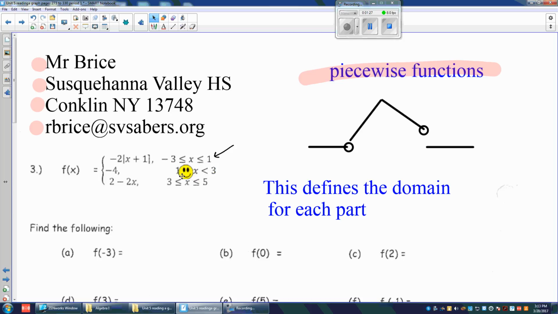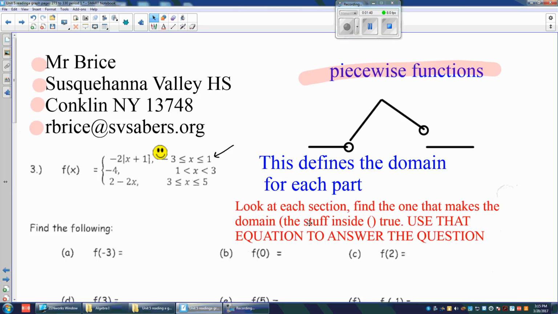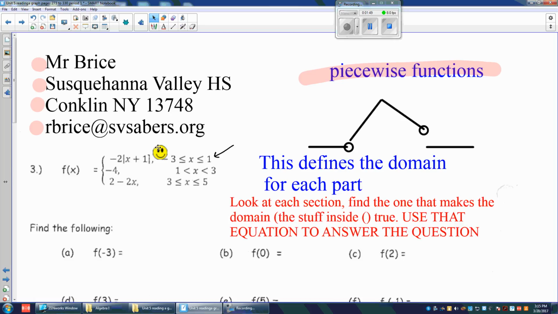Well, it isn't, but that has an equal to there. Is -3 less than or equal to -3? Yes. So I have to grab this equation. So we just looked at each section to find the domain that makes the stuff inside the parentheses true. Use that equation to answer the question.